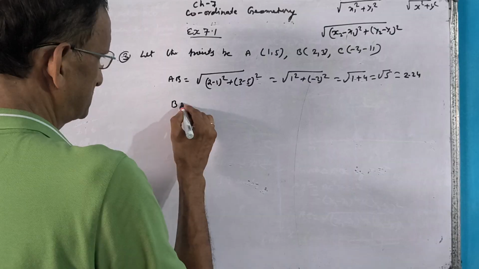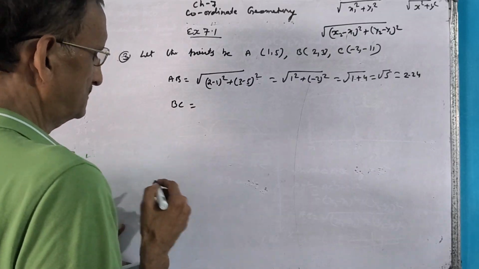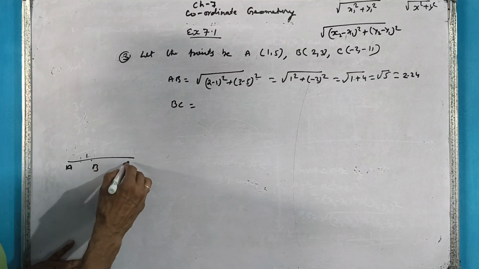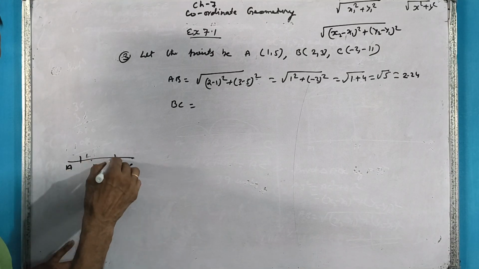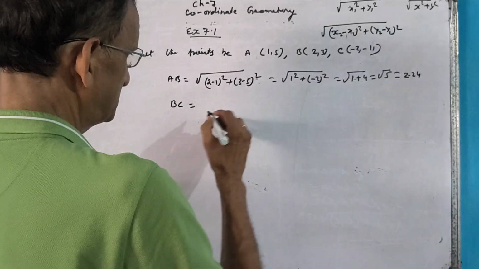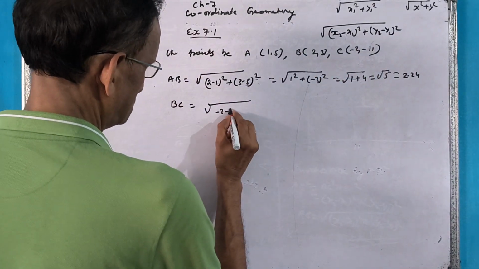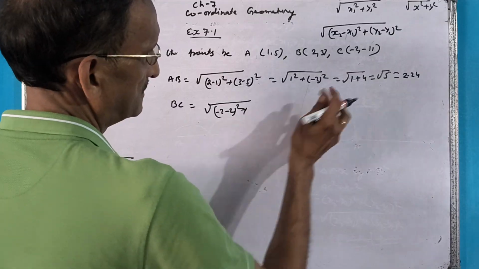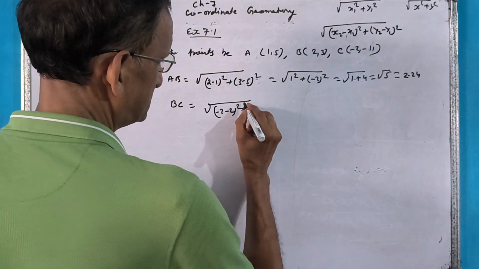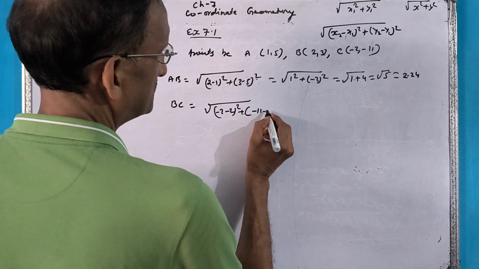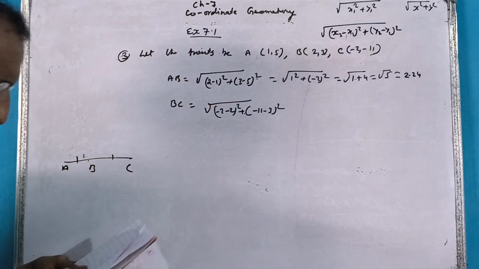Then find BC. We need to prove AB plus BC. To find BC, take B and C: root of (-2 minus 2) whole square plus (-11 minus 3) whole square.